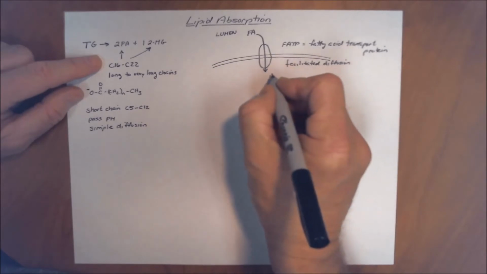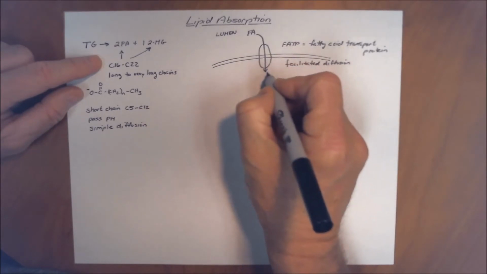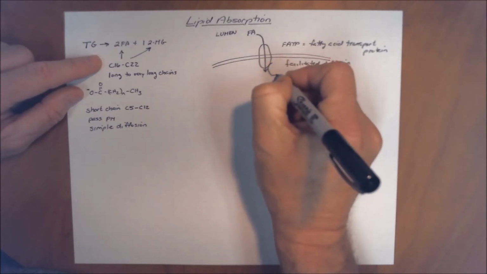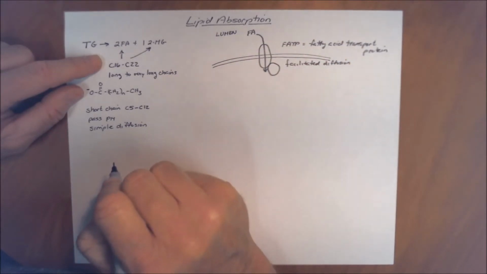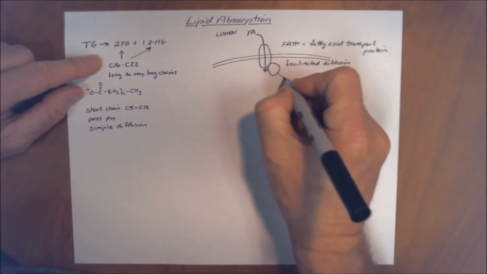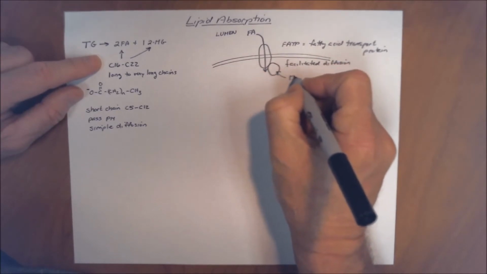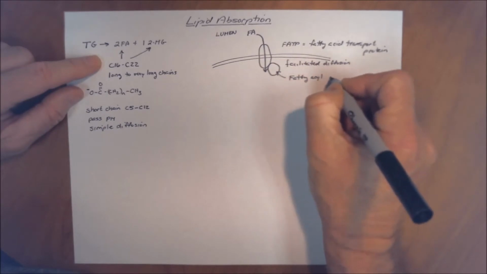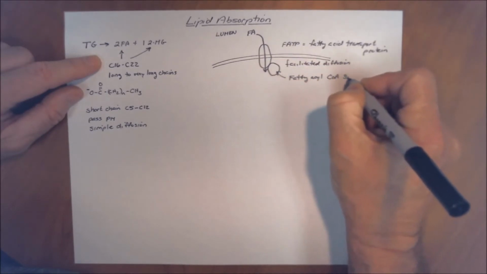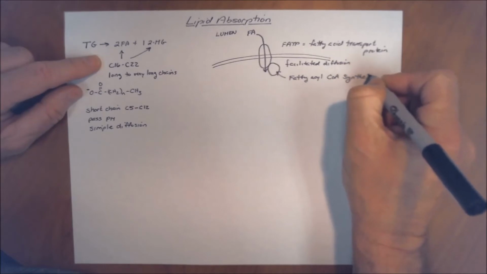So how do we prevent that? Well, we have another enzyme that is associated with the FATP, and this enzyme is called fatty acyl CoA synthetase.